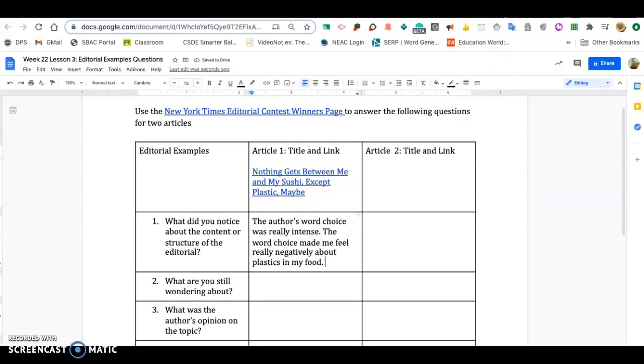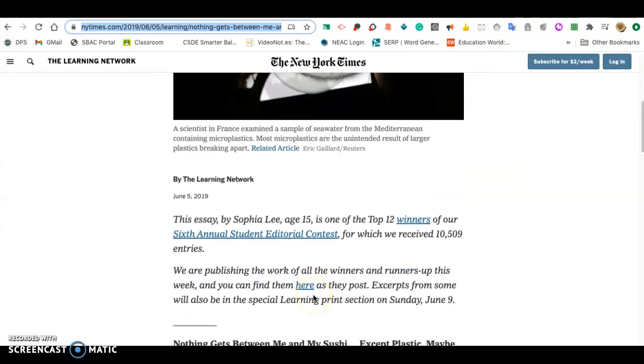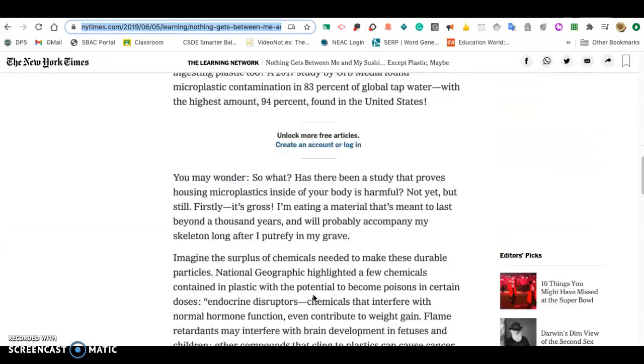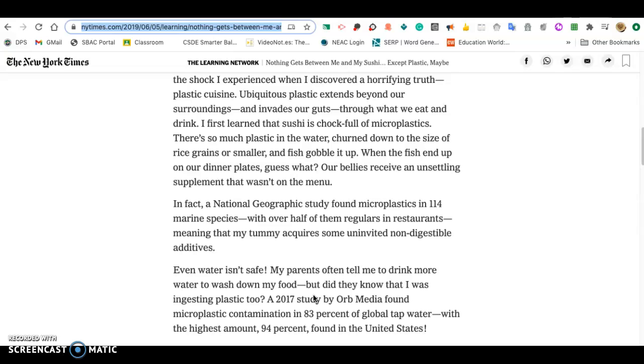I also noticed that she had a works cited at the bottom, and throughout the article there were facts and information that had percentages and numbers. Like, a 2017 study found microplastic contamination in 83% of global tap water.